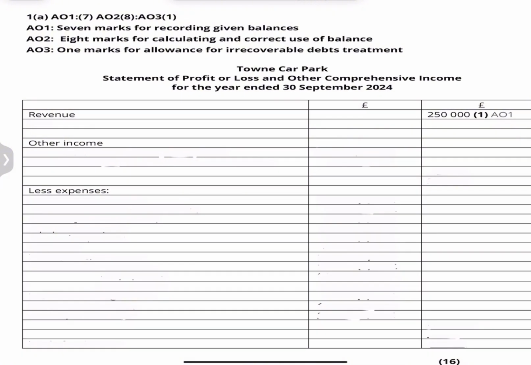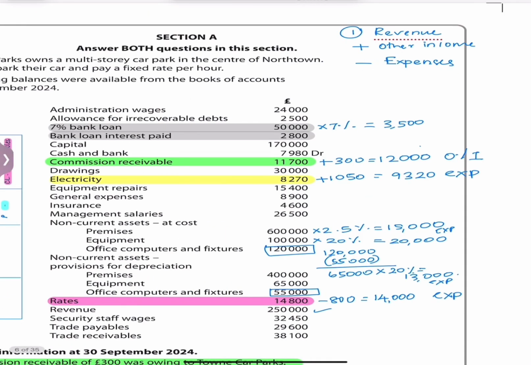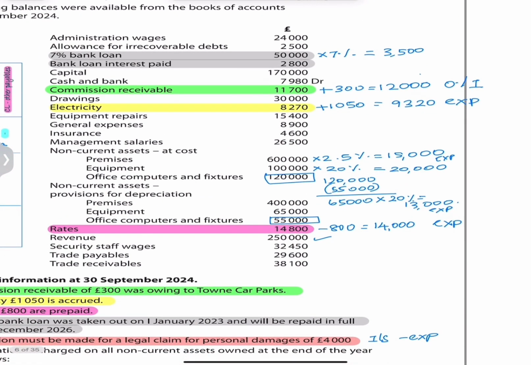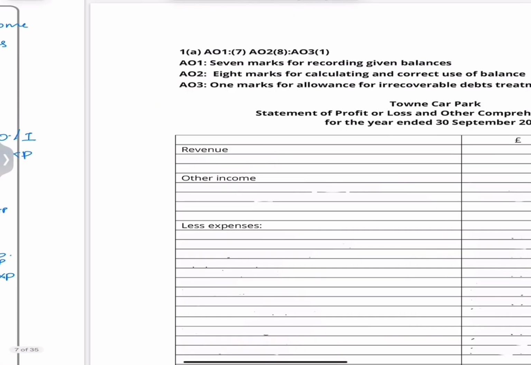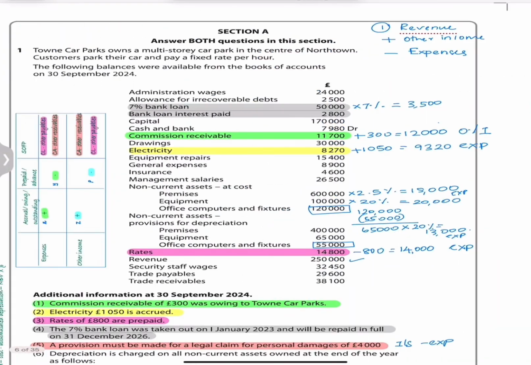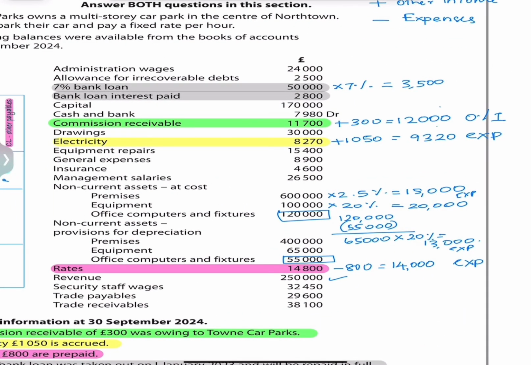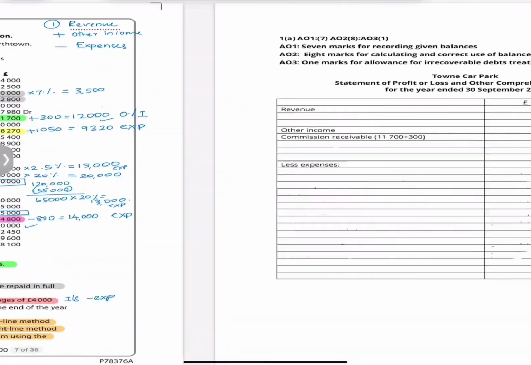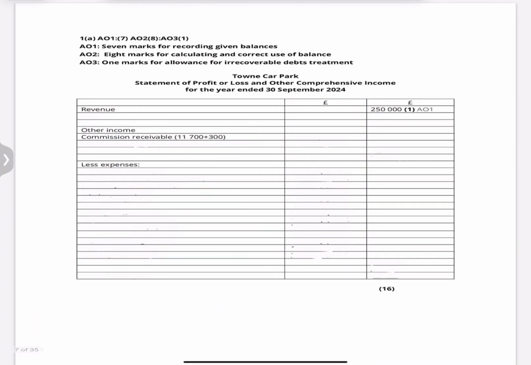Now let's include the information under other income and expenses. The first section that we complete under other income is commission receivable. As you can see here, we had a working for commission receivable and we had 12,000. This should go under other income.